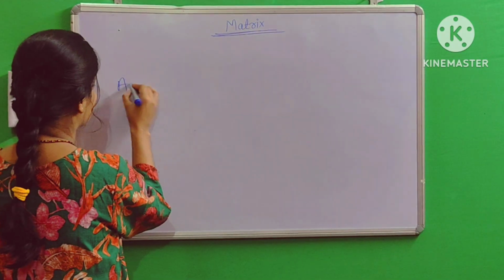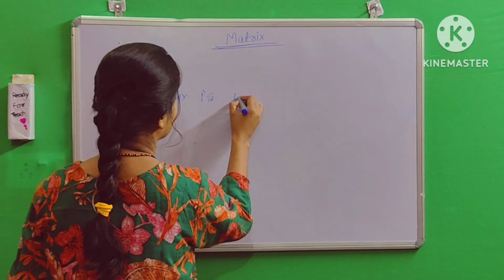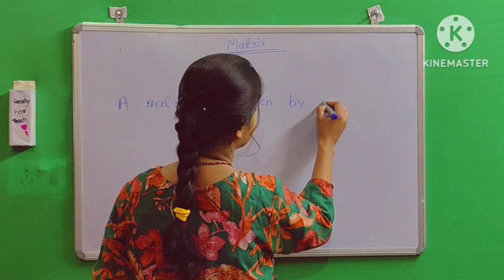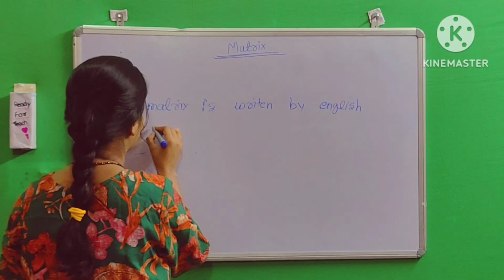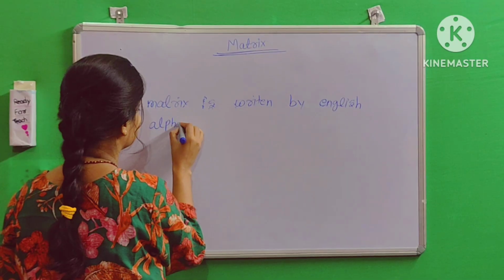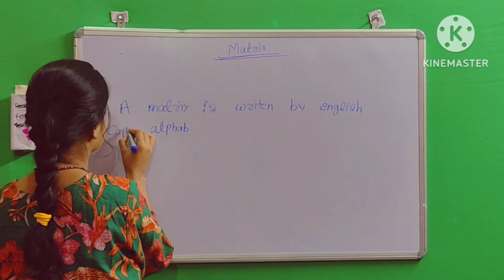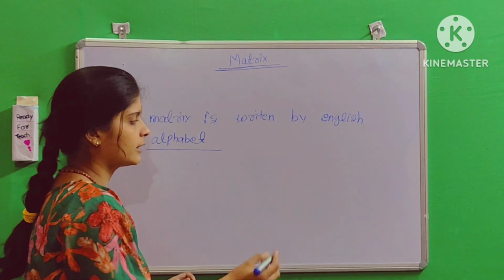A matrix is written by an English capital alphabet. Look at this.